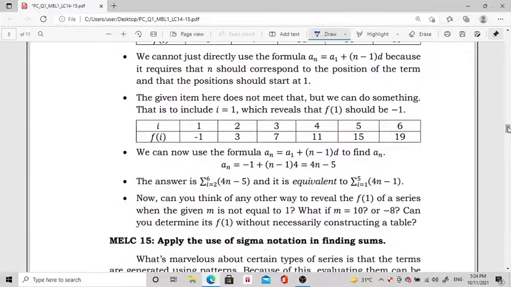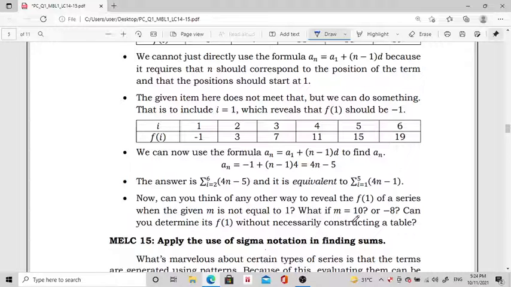Now, can you think of any other way to reveal the f of 1 ng isang series when the given m is not equal to 1? You see, that's the challenge. Pag hindi 1 yung m natin, then we always have to find our f of 1. What if hindi lang m equals 2, di ba?